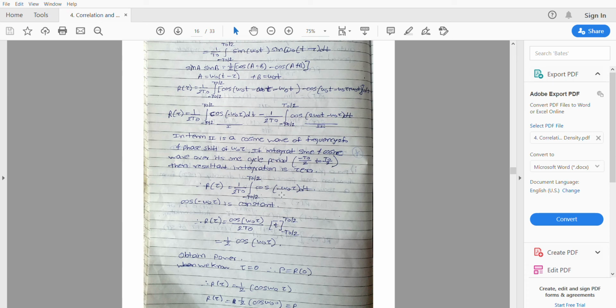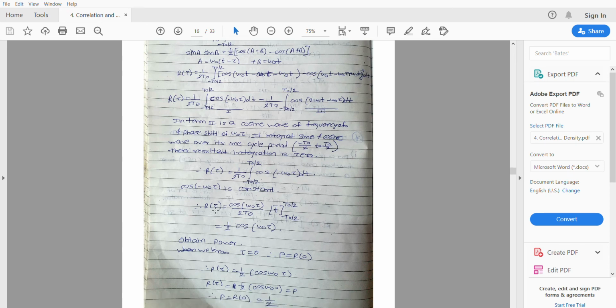So what remains is 1 into dt. The integral is t, substitute the limits, and the output is 1 upon 2 cos omega 0 tau. Here, because of the entire cos term in omega 0 t, that integral answer becomes 0, correct? So now we get R of tau, that is, the autocorrelation function.